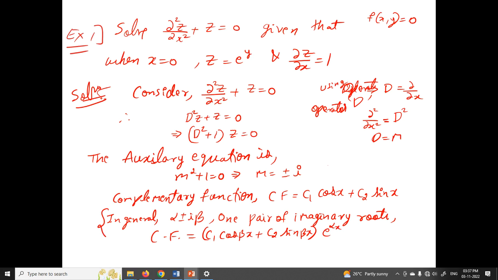So this formula you have to remember for a complex root. Is it clear, students?